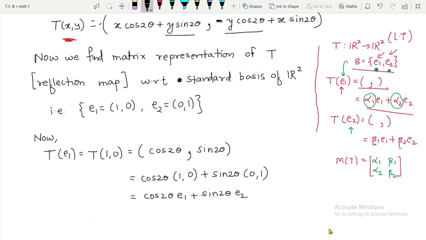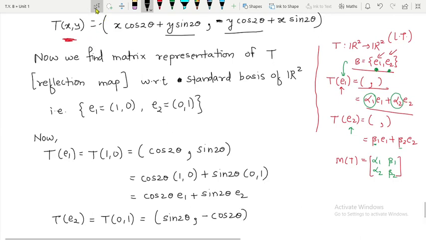Now let us go for T of E2. Now what will be my T of E2? My T of E2 will be T of (0, 1). So now you are going to put x as 0. So naturally the first coordinate is going to be sine of 2 theta, and the second coordinate will be minus cos of 2 theta.